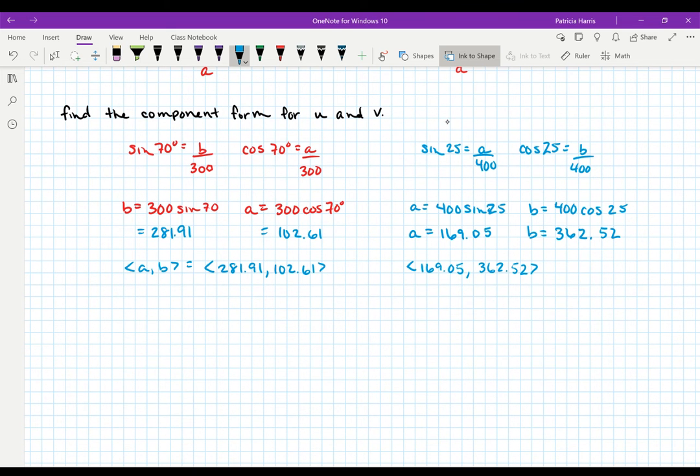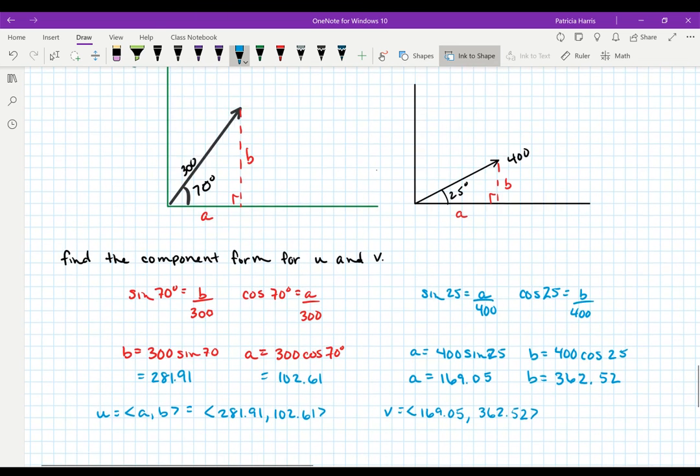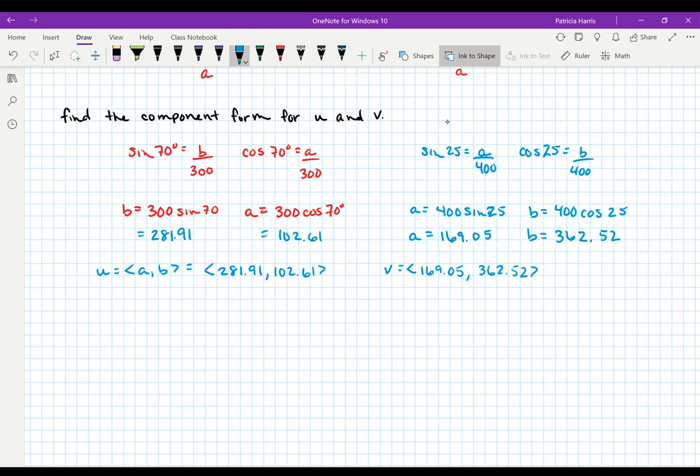Okay, so now what we can do is go u plus v by simply adding the horizontal and then adding the vertical.